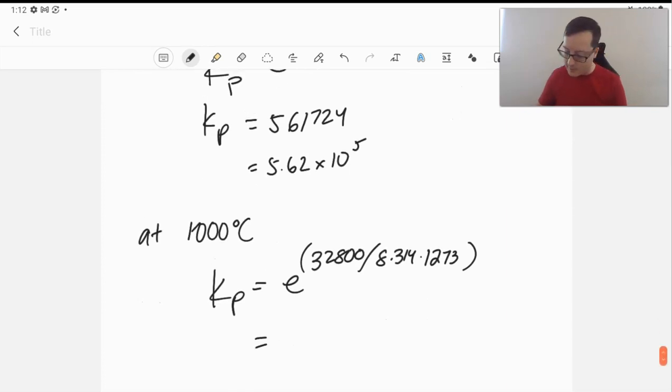Let's go ahead and do this one. So E to the 32,800 divided by 8.314 divided by 1273 equals 22. So our reaction is becoming less and less favorable as we increase the temperature.